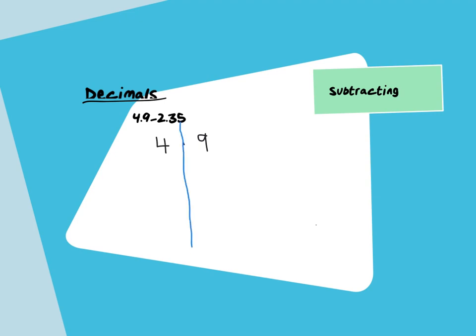So all our decimals need to align with that. Okay, so we've got 2.35. We're missing something from this column value, so we're going to put a 0 there. And we're going to take away.